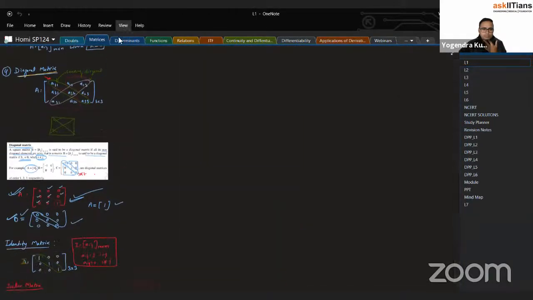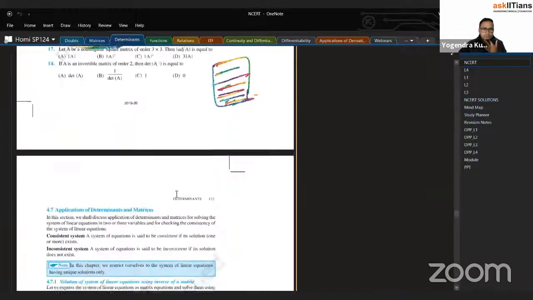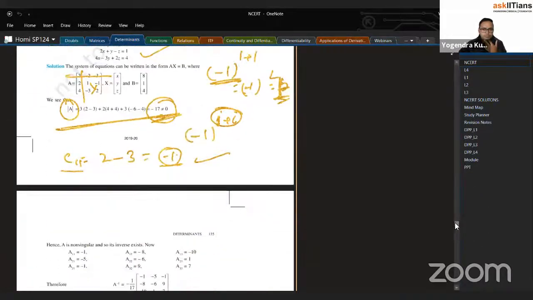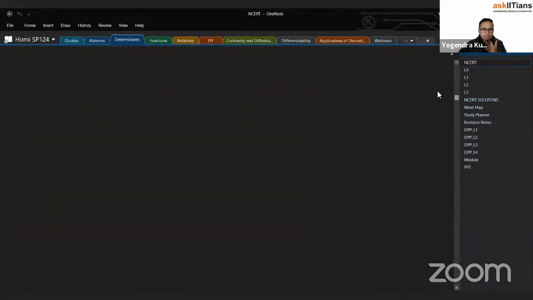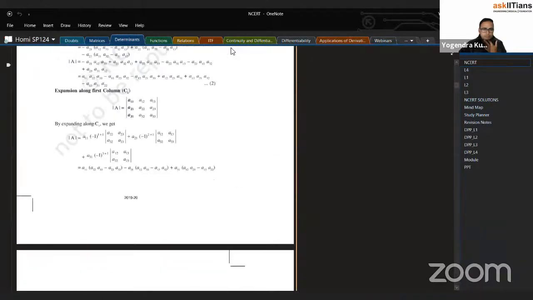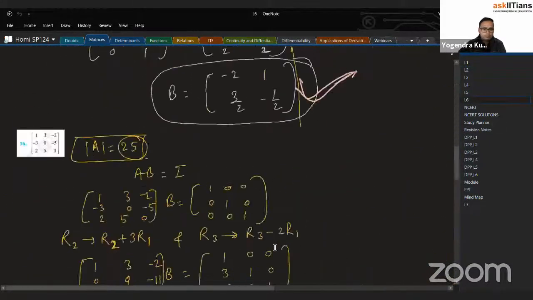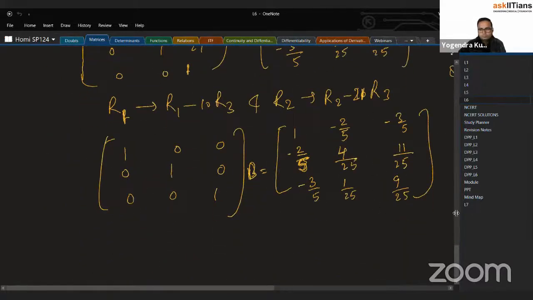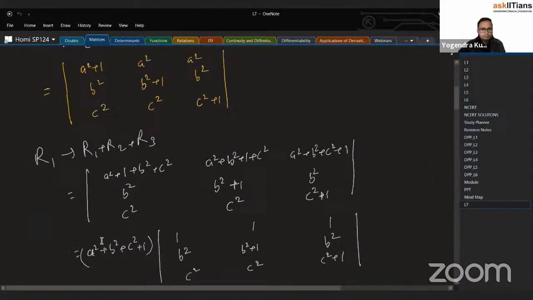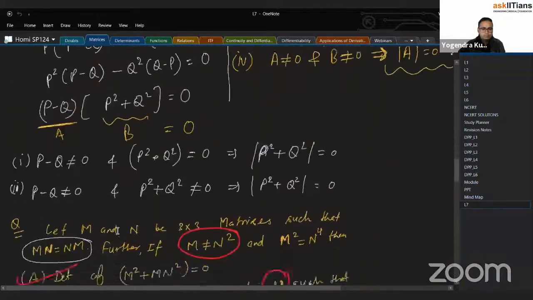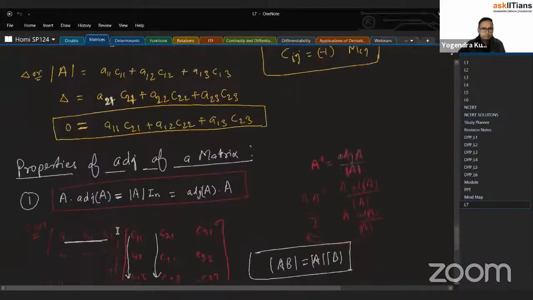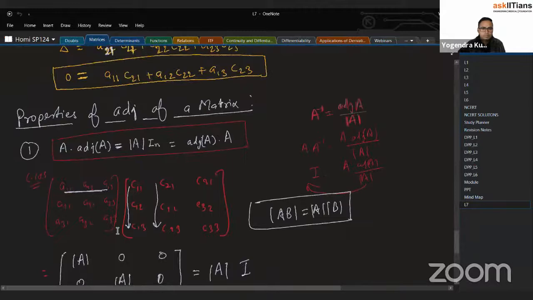We discussed a few things. I think it is here only. Yes, these are the properties which I'm saying.